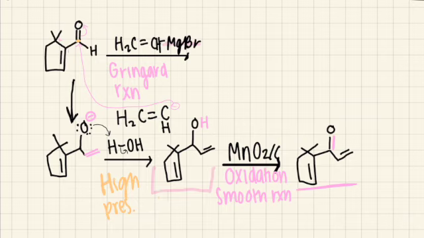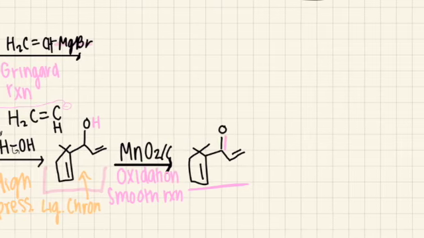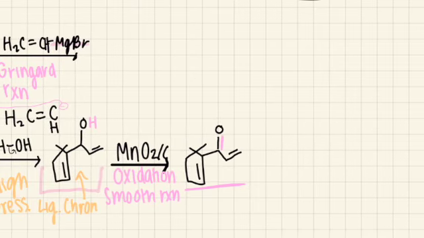They did specify, it was a high pressure liquid chromatography. That's how they collected this compound. And then they did the oxidation reaction using the manganese dioxide, and it produced the compound with the ketone.